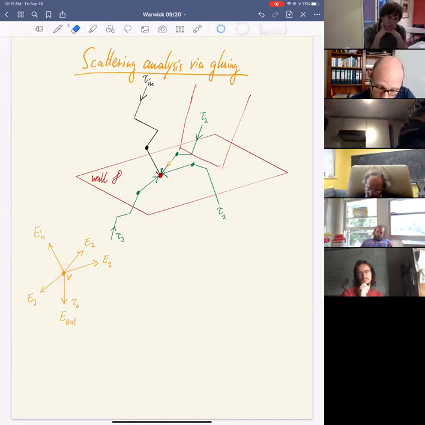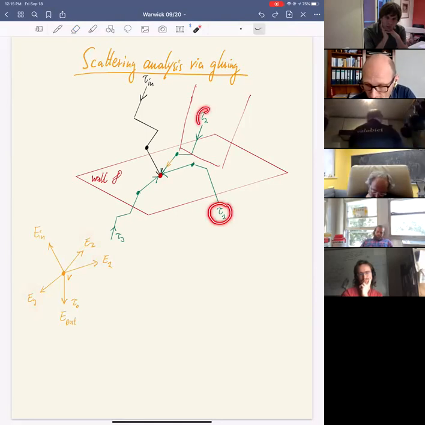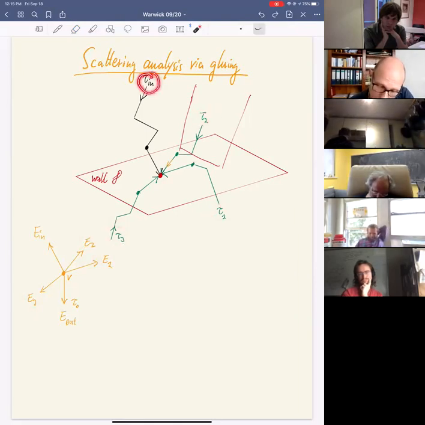So that could still split, but then it has a bunch of legs. The number of legs you need is one leg for each of the things living on the wall that you want to interact with, and one leg that comes from the incoming stuff. And then to continue through the wall, you will also need an outgoing leg.